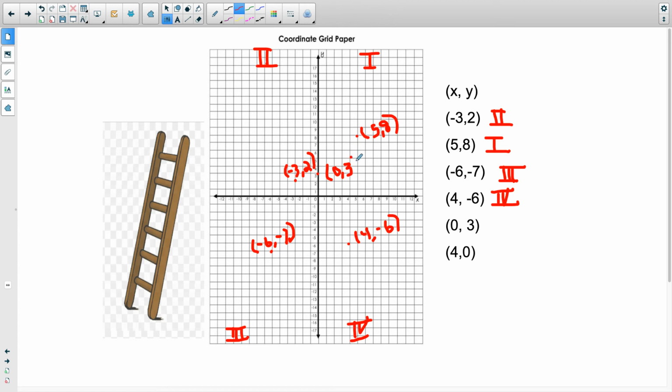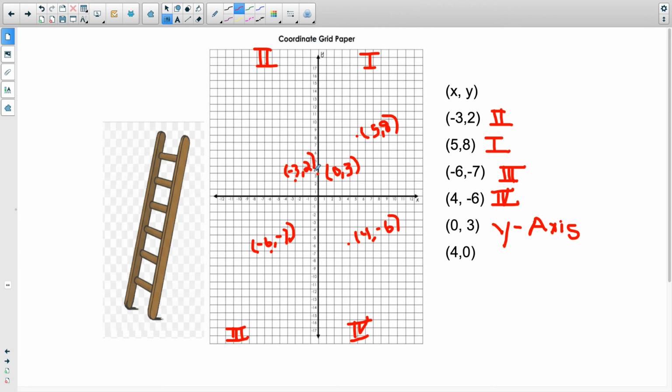Some people will tell me it's in quadrant 1. Some will tell me it's quadrant 2. Some will tell me it's both. It's really neither. It's right on the y-axis. So that's what we'll put. We'll put y-axis. It's right on the line that is the y-axis.